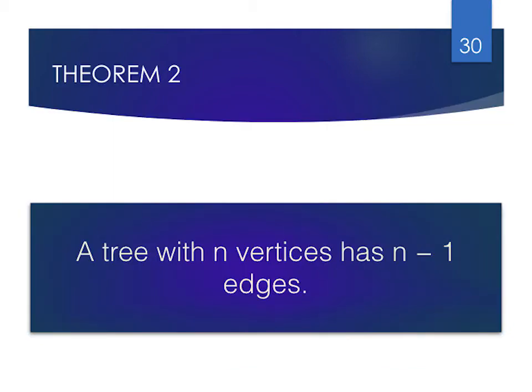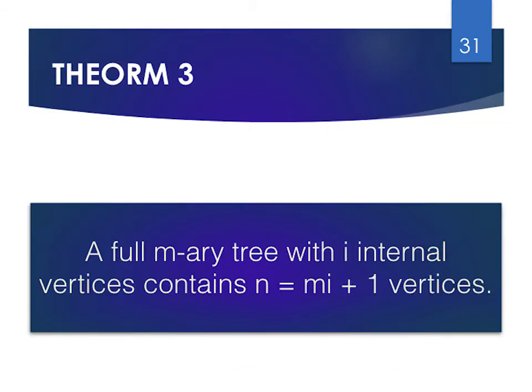The number of vertices in a full m-ary tree with a specified number of internal vertices is determined, as Theorem 3 shows. As in Theorem 2, we will use n to denote the number of vertices in a tree. A full m-ary tree with i internal vertices contains n = m·i + 1 vertices.